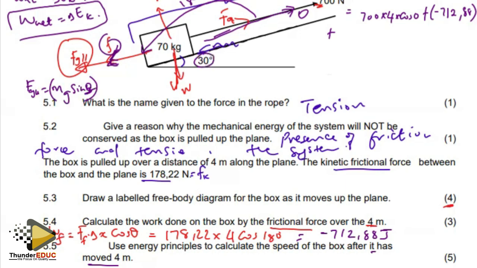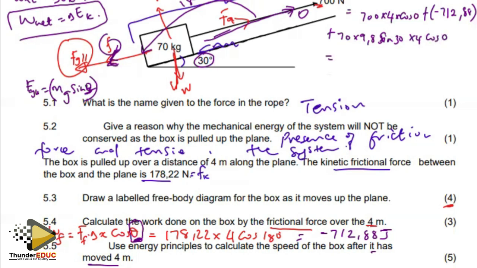The cos theta here has to do with just the direction of motion. So I'm going to use this formula and say the mass is 70 times 9.8 multiplied by the sine of 30. So that's just the force. I'm multiplying it by 4 and then the cos of 0.